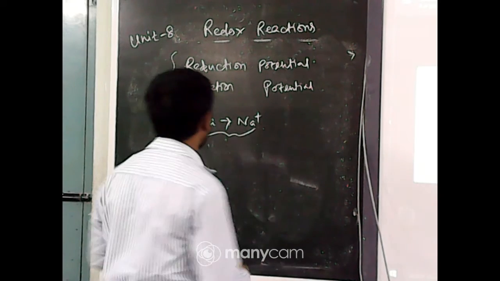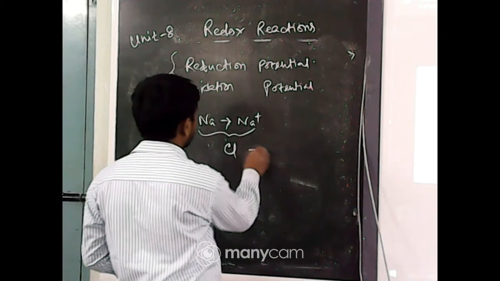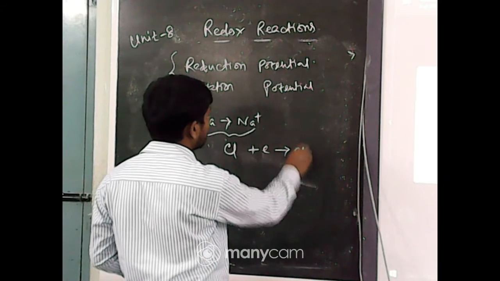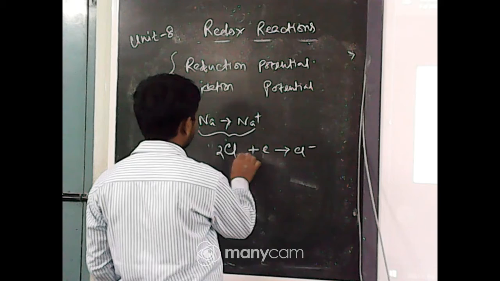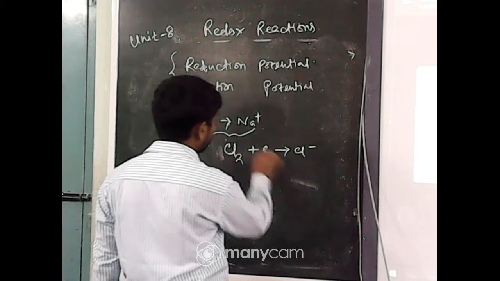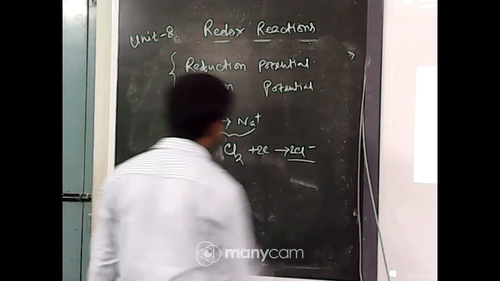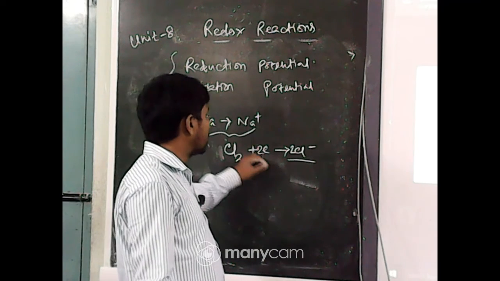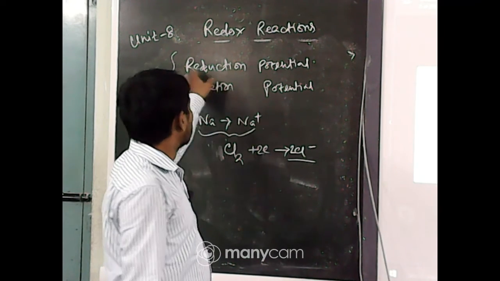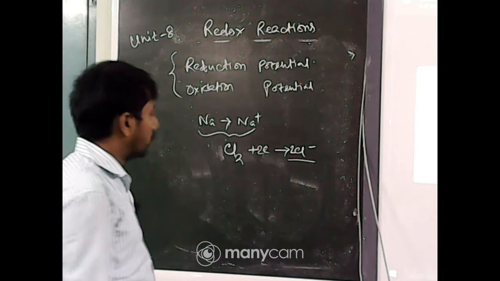But the reverse one, that is Cl plus electron forming Cl minus, or Cl2 plus 2 electrons forming 2 Cl minus. Here the process is reduction. So, here the potential required is called the reduction potential. Okay.